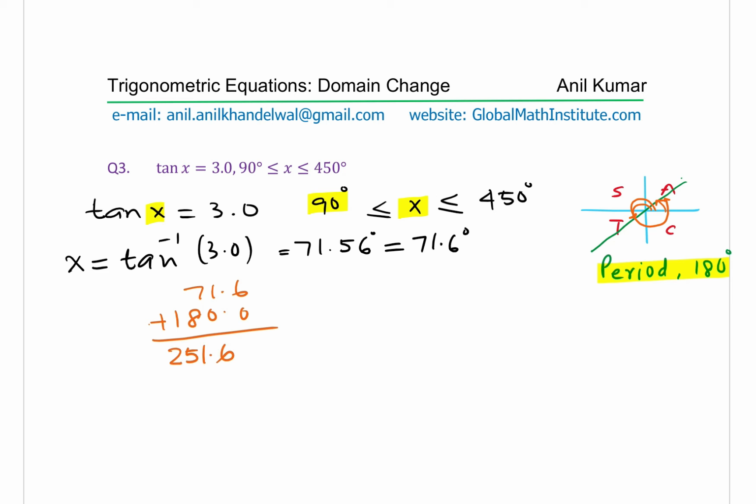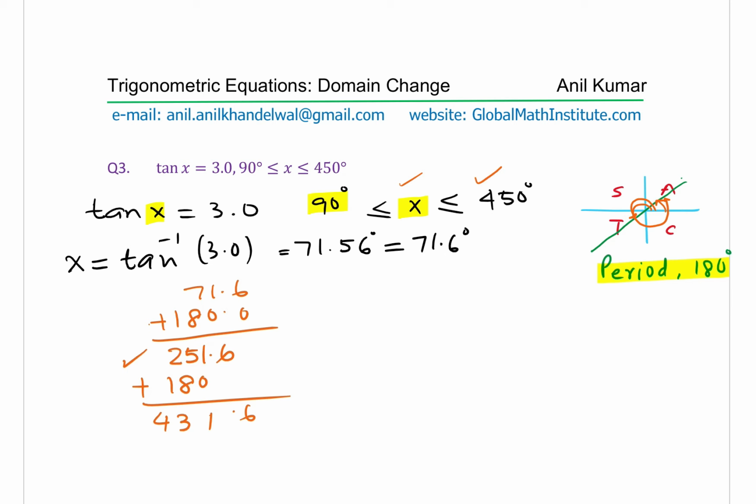Well, 251.6 is within the domain, right? It is within the domain. So that is correct. Now we can again add 180 to it, and that gives you 431.6. So that is also within our domain, right?